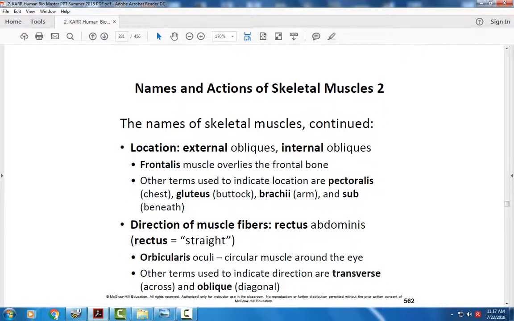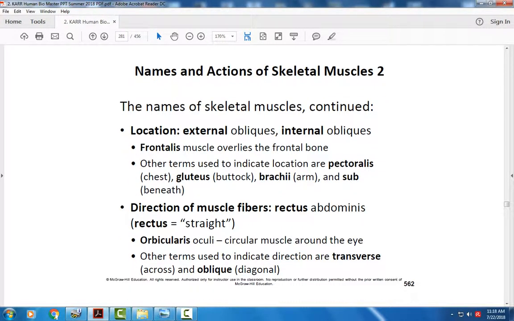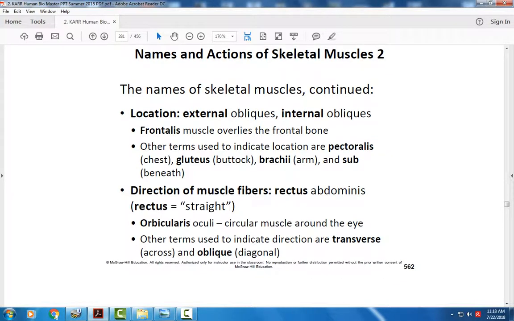Sometimes our muscles are named after their location. The muscle on the front of your head that allows you to raise your eyebrows is called the frontalis. Again, telling us location, frontal bone, it's on the front of the head. Pectoralis is the chest, gluteus means buttock, brachii means arm. Looking at the direction of the fibers, if they're straight fibers that run up and down or side to side in the body, we call that rectus.